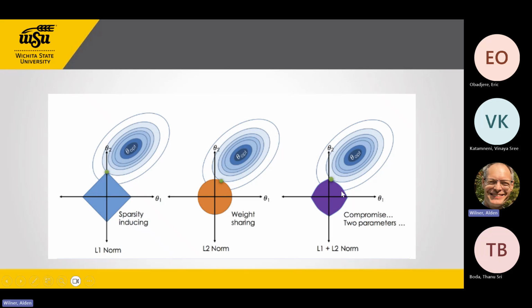So here's our diagrammatic feature of this. We're going to get sparsity-inducing L1. L2 norm is going to be a weight sharing thing where it's going to be pulling the features that are correlated with each other in the same direction. And then L1 plus L2 is going to give us a few points on our constraint region and is going to pull in these, in this case theta 1, theta 2.